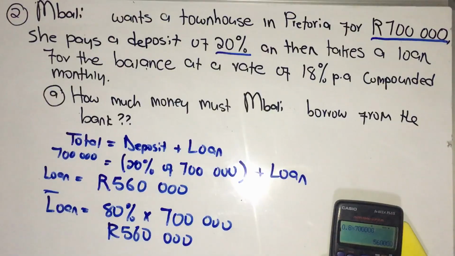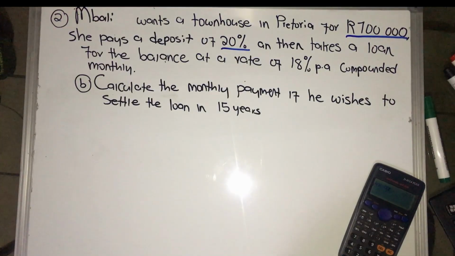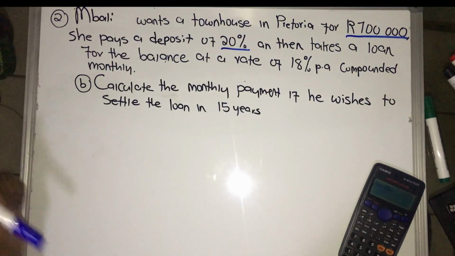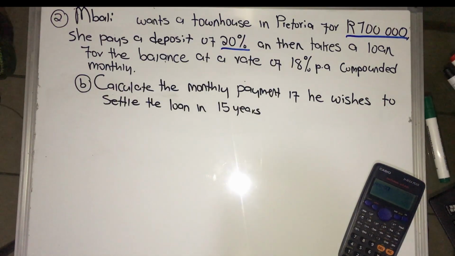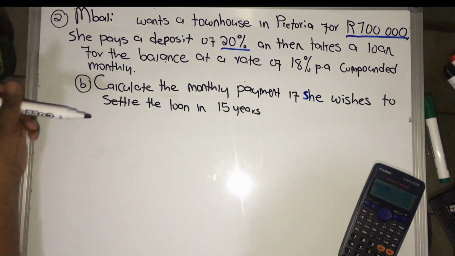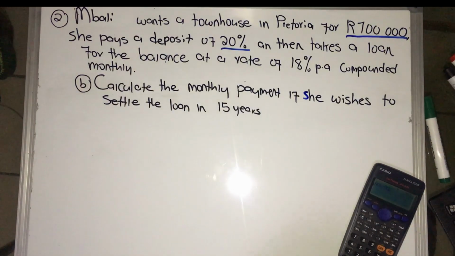Okay, great. Okay, so question B says calculate the monthly payment if she wishes to settle the loan in 15 years.